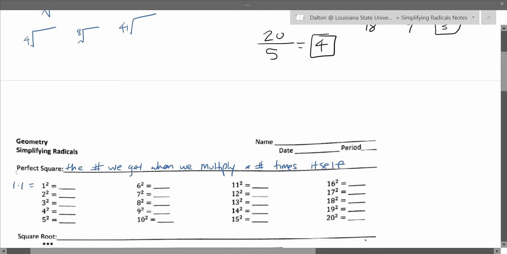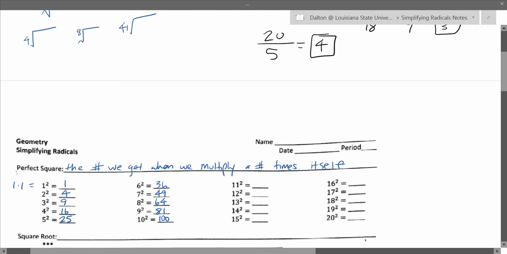So 1 squared is 1, 2 squared is 4, 3 squared is 9, 4 squared is 16, 5 squared is 25. 6 squared is 36, 7 squared is 49, 8 squared is 64, 9 squared, 81, 10 squared, 100.